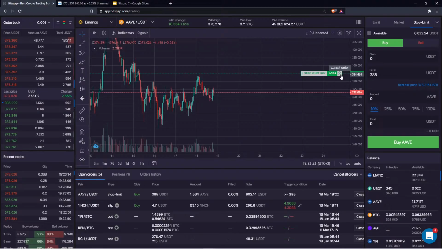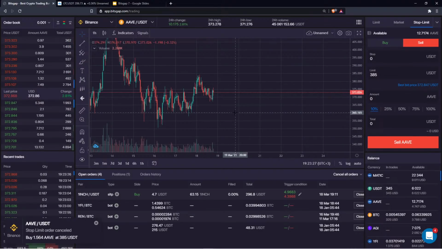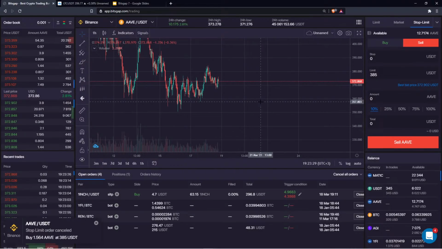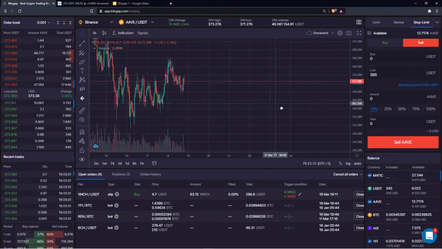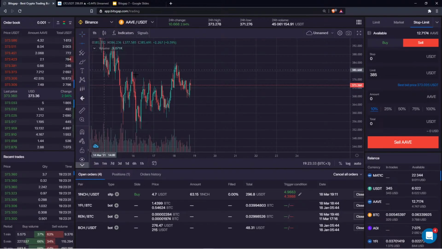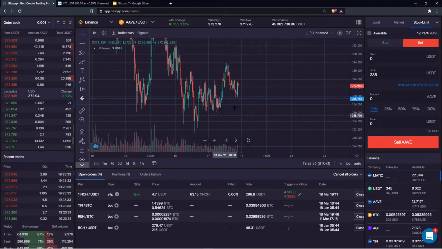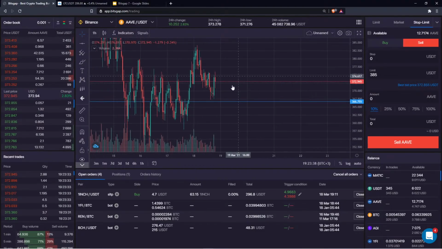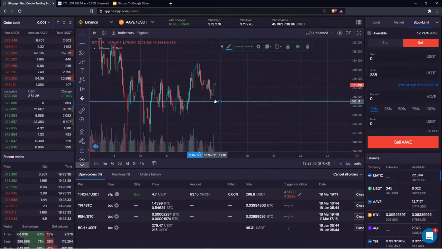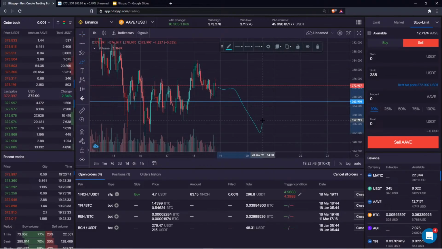It works the other way around when it comes to the stop limit sell. Let's say you want to exit the market only if it breaches this lower low over here, because you know that once it breaches this price level, most likely it will continue the downfall.